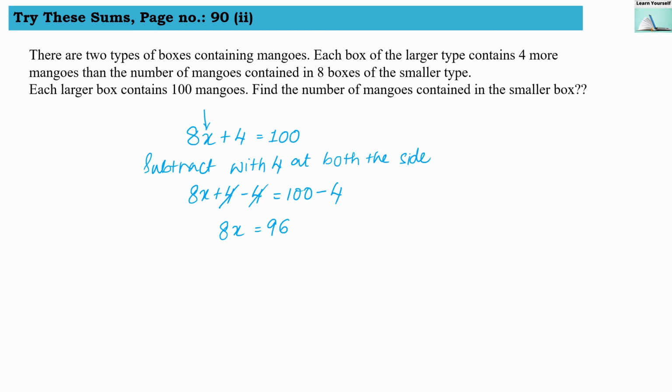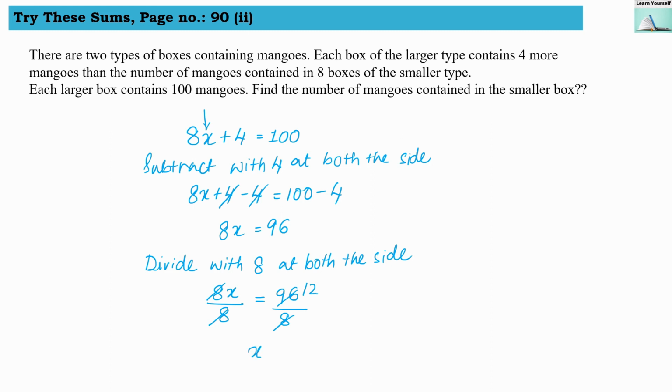Now 8 is in multiplication with x. So if we want to separate x, we have to divide by 8 on both sides. So on the left side we get 8x divided by 8, and on the right side 96 divided by 8. So 8 and 8 will get cancelled out, and here we will get 12, since 12 eights are 96. So x equals 12 we got as the solution.